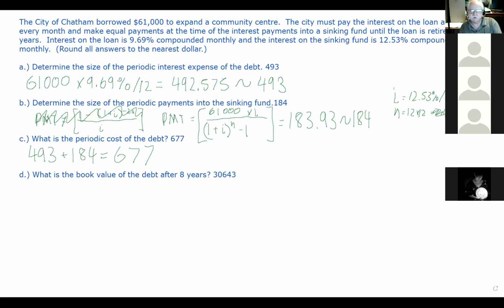And in this case, the present value is going to be 0. The payment we don't know, but the future value has to be the 61,000 into future value and compute the payment. And there's that 183.